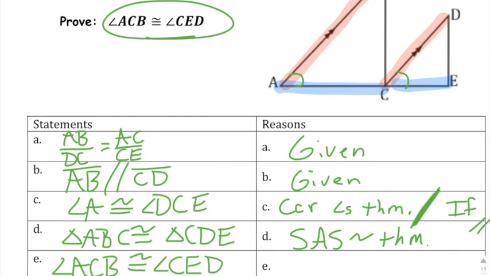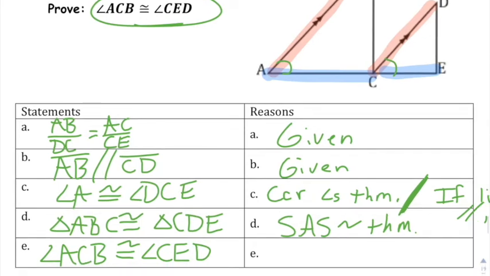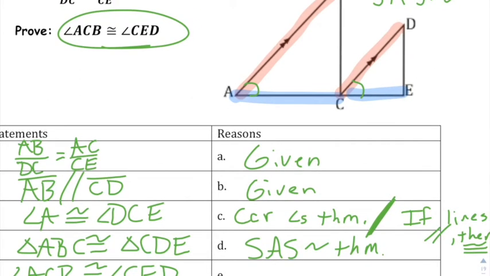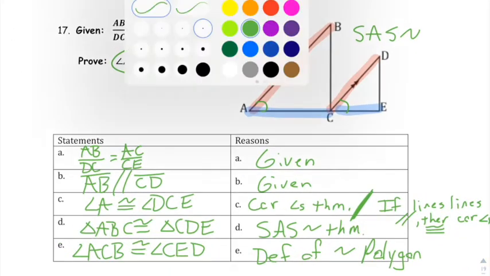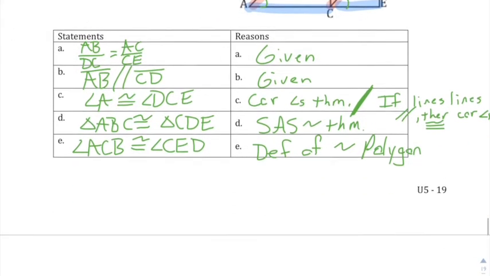Well, once we prove the triangles are similar, the leftover angles are congruent. So I'm going to put definition of similar polygons. Okay. All right, one more.